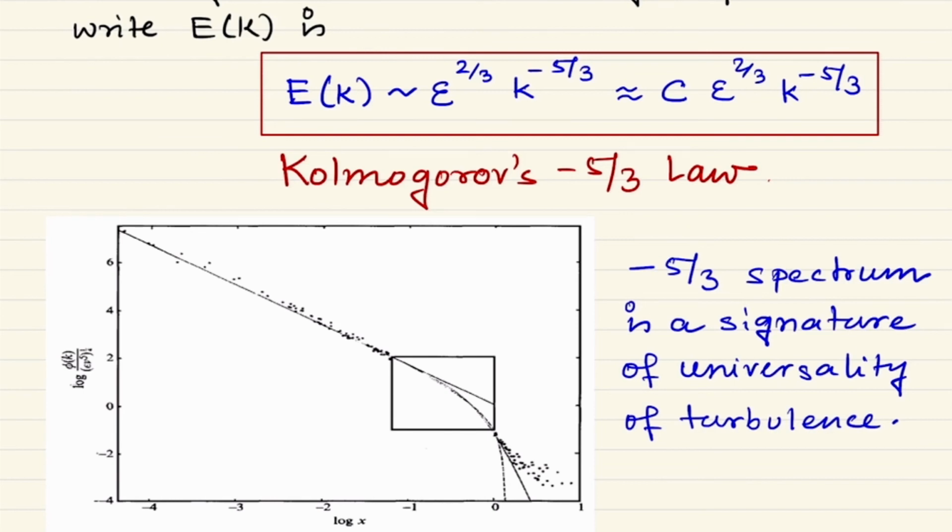So this minus 5/3 spectrum is a signature of universality of turbulence. Now in a different system, for example if the fluid is a plasma, does this type of universality also exist or not? That's exactly what scientists always try to find out.